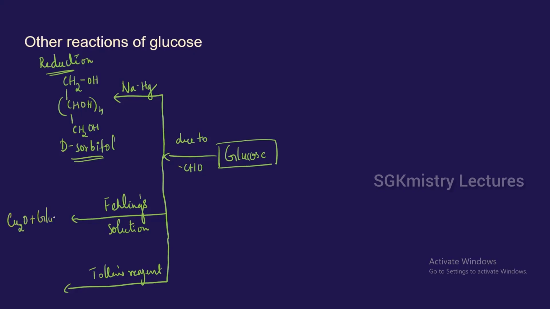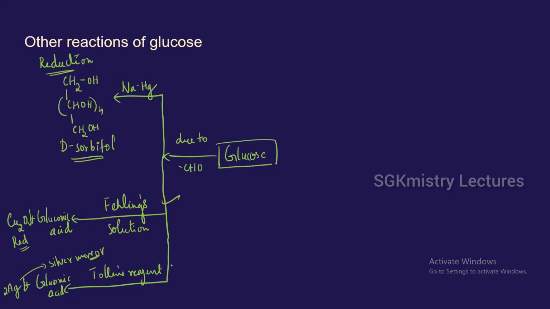Along with that, glucose is oxidized to gluconic acid. In the same way, glucose reduces the Tollens reagent and itself gets oxidized to gluconic acid. And here the silver mirror, that is Ag, is formed. Here it will be a red precipitate, and here a silver mirror is formed.